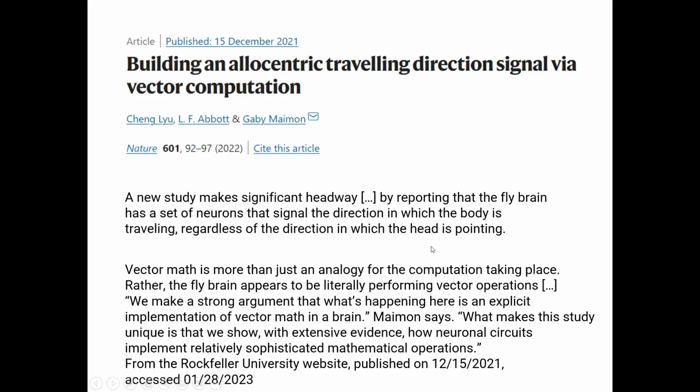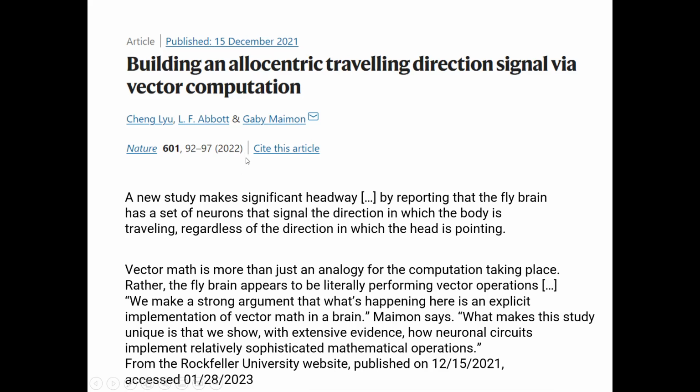However, sometimes your head is pointing in one direction, but you're going in another direction. And so that some neurons point in some direction was already known. What this paper does, it shows evidence that other neurons have a bump that indicates the angle for traveling. Okay.